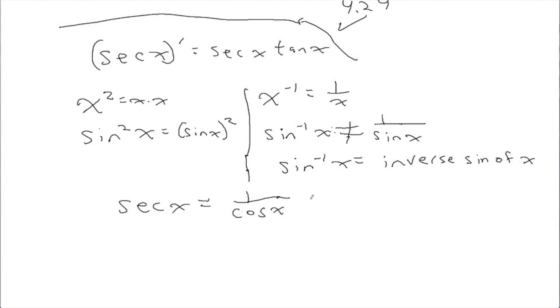Well, does that mean that we're really just doing cosine -1 of x? No, because for trig functions, the -1 doesn't mean an exponent. It's tricky. We are doing this, but that's not what the button on your calculator looks like, right?